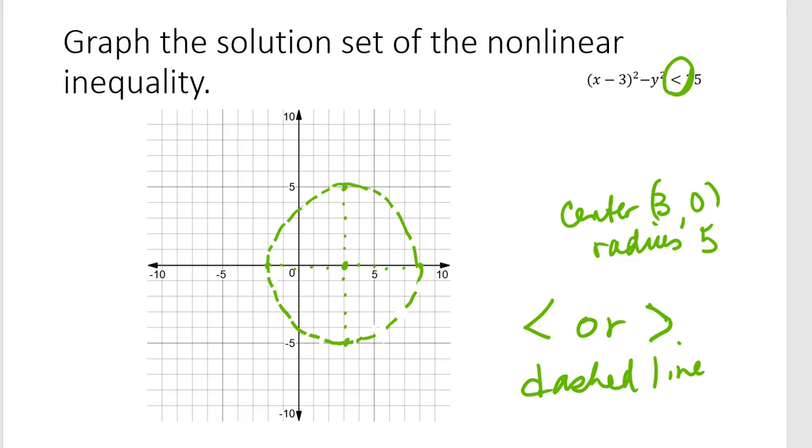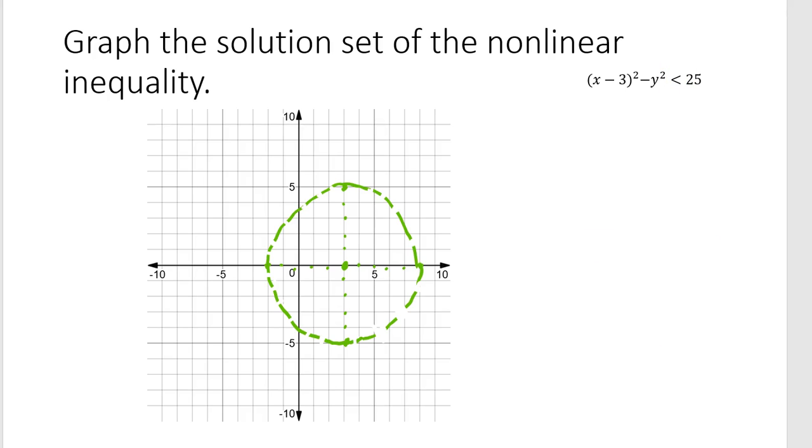The next thing I want to do is I want to look at a test point. Easiest test point to use is always (0, 0). So what this means is I'm going to use 0 for x and 0 for y, and I'm going to test to see if this inequality is true.